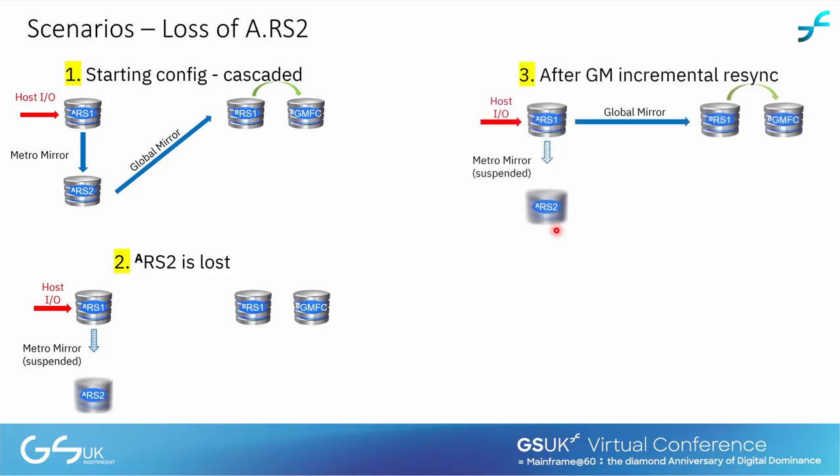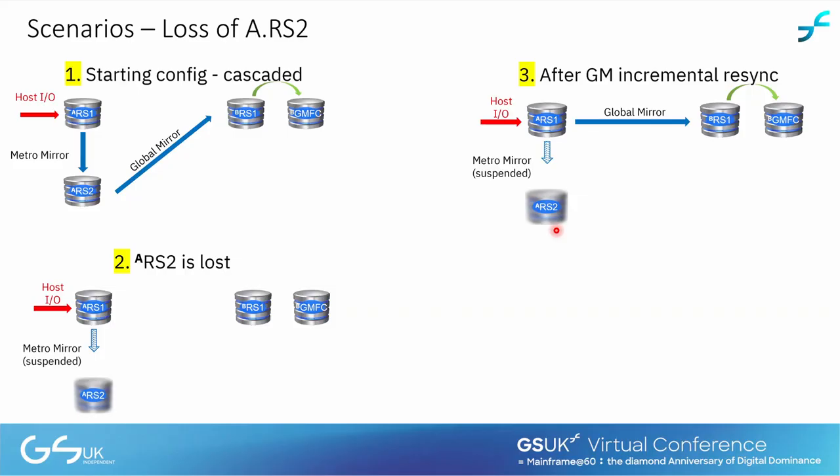So under the covers, you have already created the scripts and implemented the procedures to make sure that in the event that we lost access to the RS2 devices, something will happen under the covers with GDPS. Some scripts, some workflows, whatever you have created as the client and tested will take place, and it will initiate a sequence where you will initiate Global Mirroring from your RS1 where your host IO is taking place.